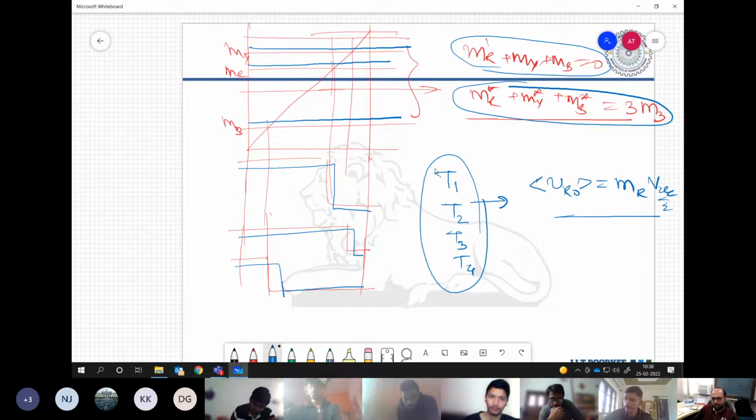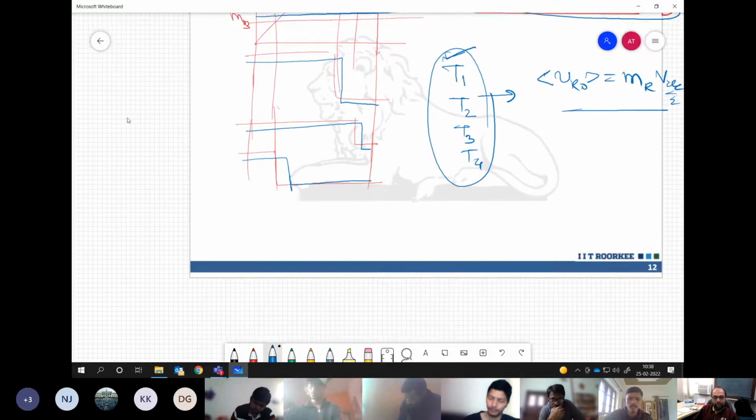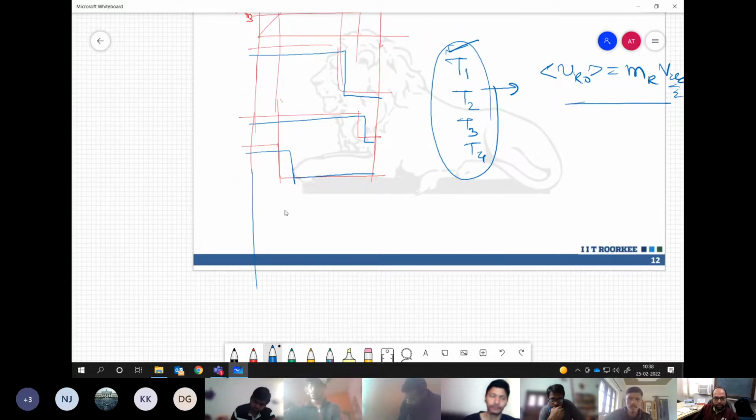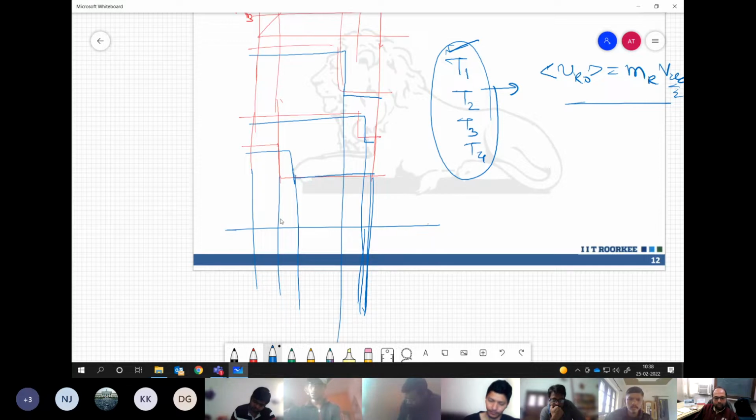But intervals are changed. So our analysis will see the same VDC by 3 and minus VDC by 3 kind of structure, but with changed duration. Something like 0 and then plus VDC by 3, minus VDC by 3 and 0. This change duration will actually help us in achieving more DC bus voltage.